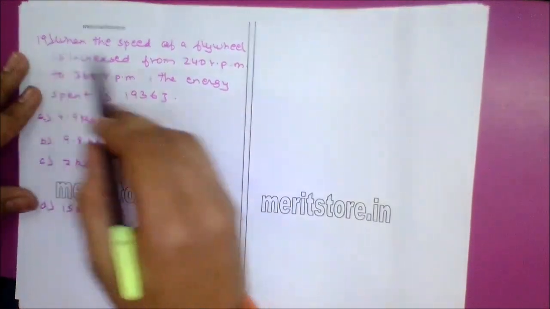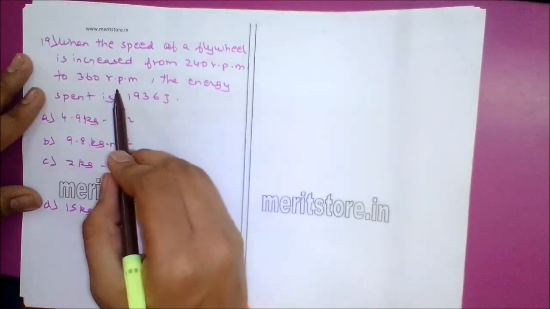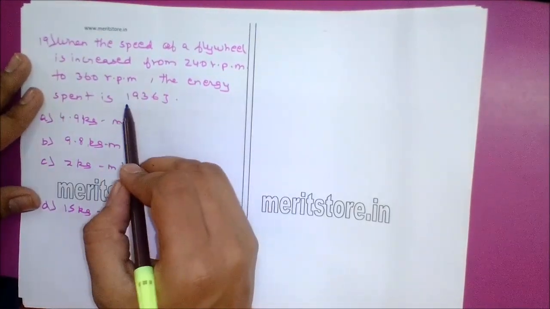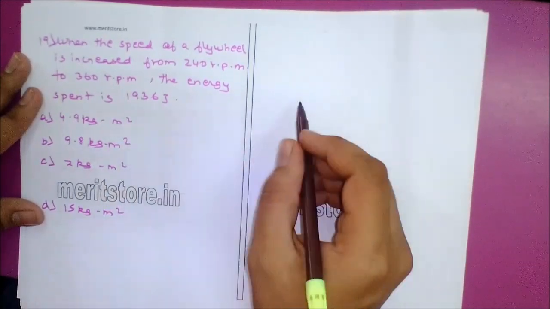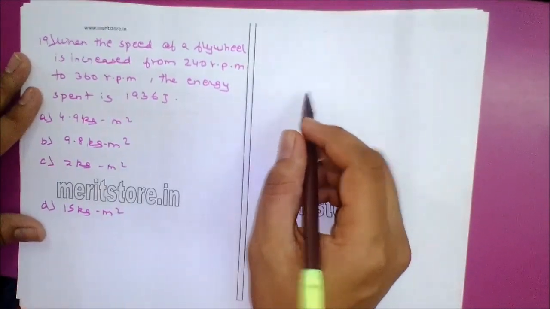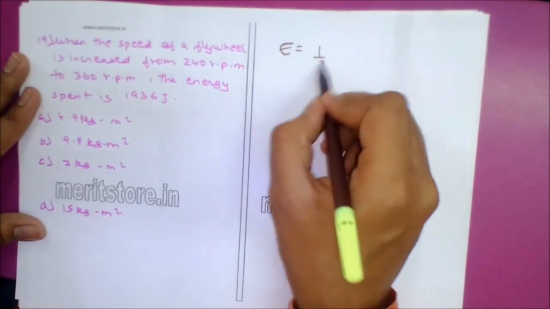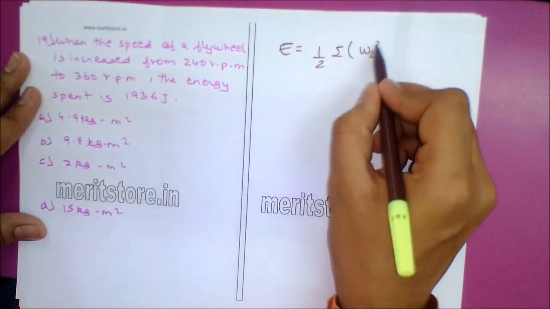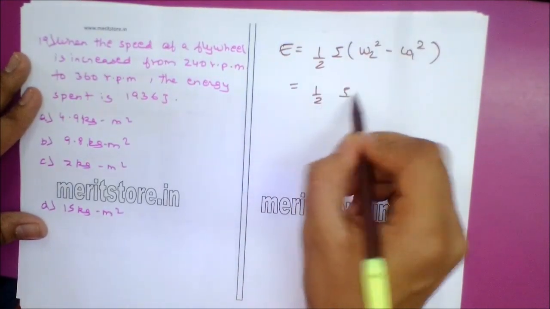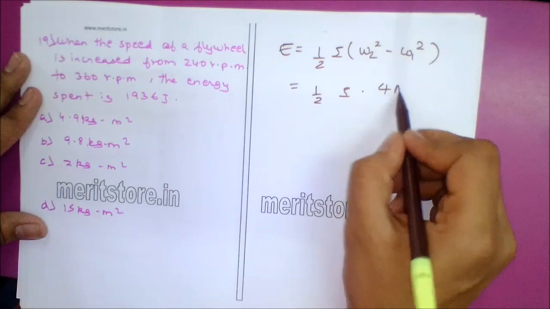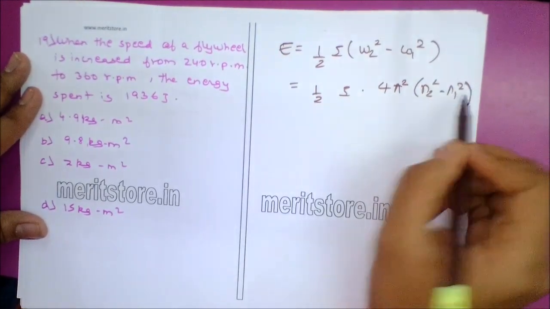Question number 19. When the speed of a flywheel is increased from 240 rpm to 360 rpm, the energy spent is 1936 joule. Now, to solve this question, we know energy is half I omega 2 square minus omega 1 square, half I into 4 pi square into n2 square minus n1 square.